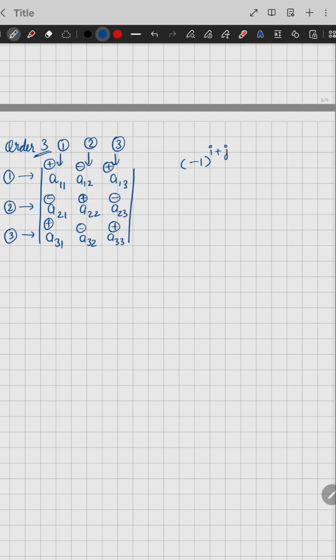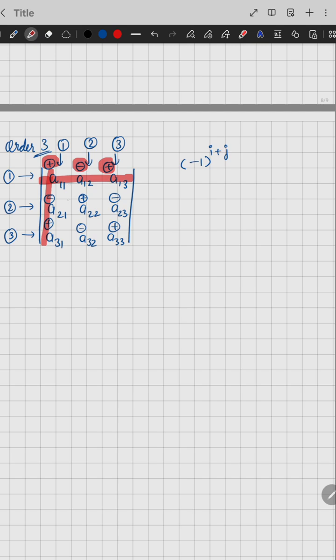Now we have to remember, when we are calculating the determinant, either we can calculate it by the row side, or we can calculate it by the column side. Suppose we are calculating by the row side, then we have to only use these signs and we will forget the other signs of the matrix.